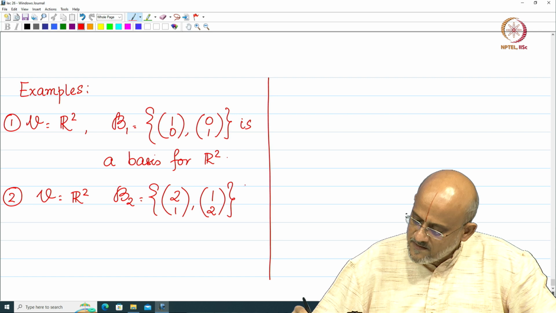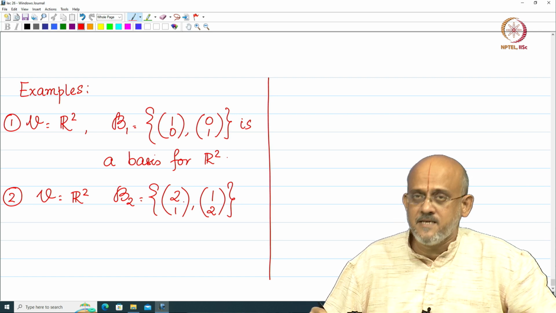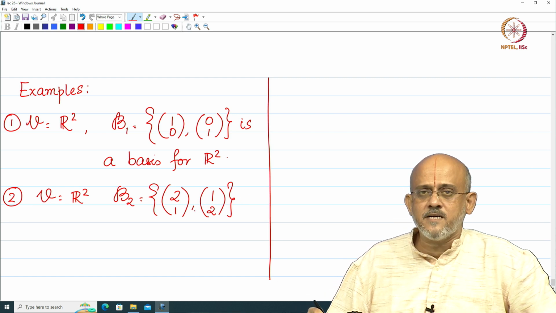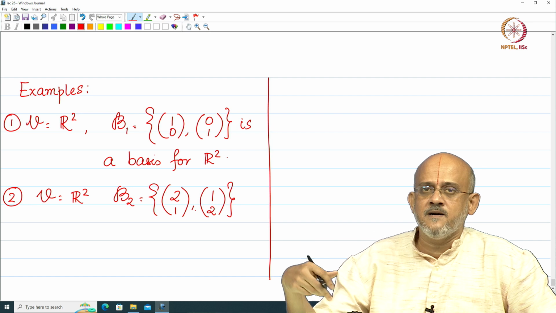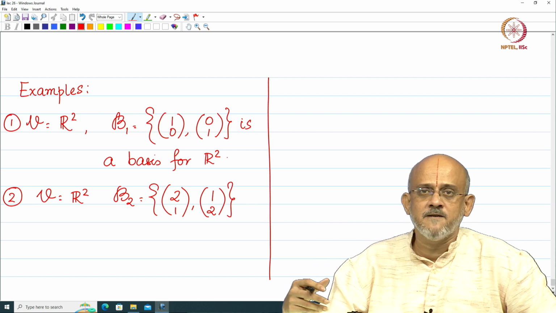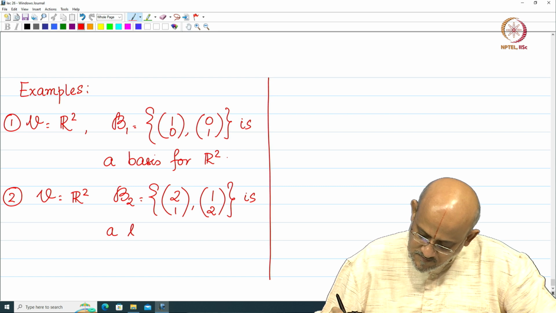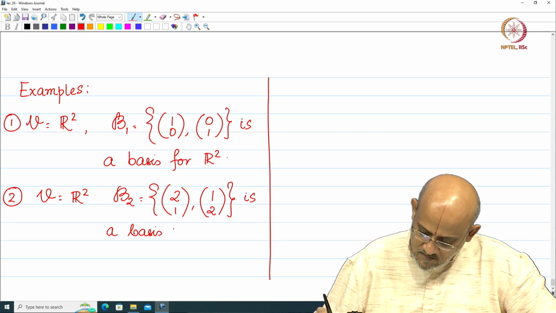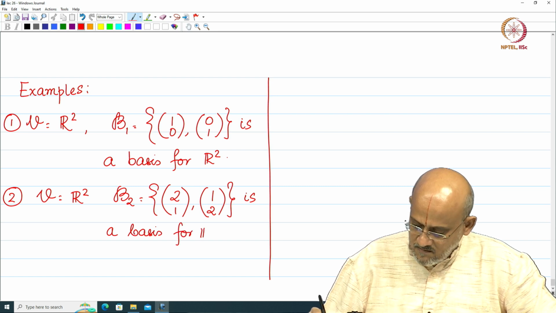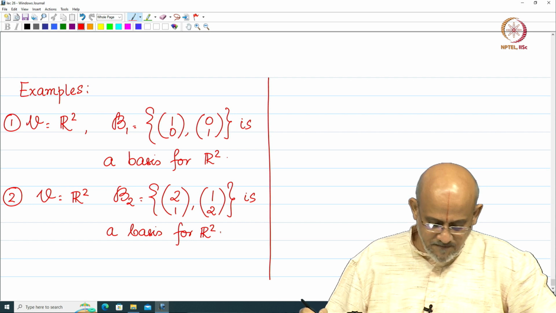If you take the linear combinations of these vectors, you are going to span the entire 2 dimensional plane, and therefore this is a basis for R2.